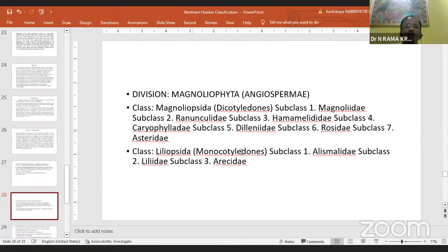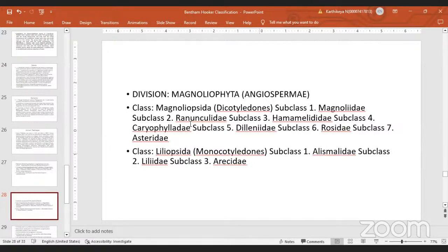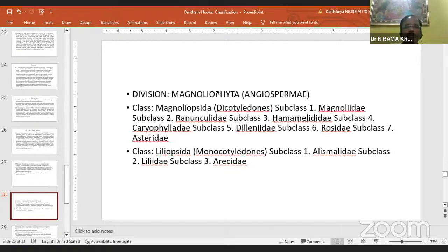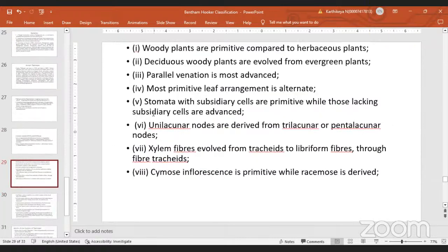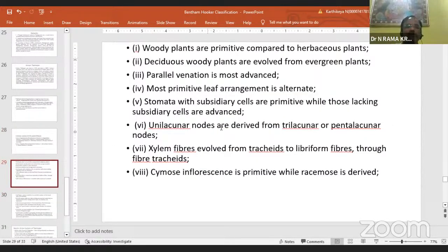Liliopsida means monocotyledons. So Takhtajan: angiosperms, meaning Magnoliophyta, are divided into 2 classes, Magnoliopsida and the second, Liliopsida. Okay, so these are all the important points.